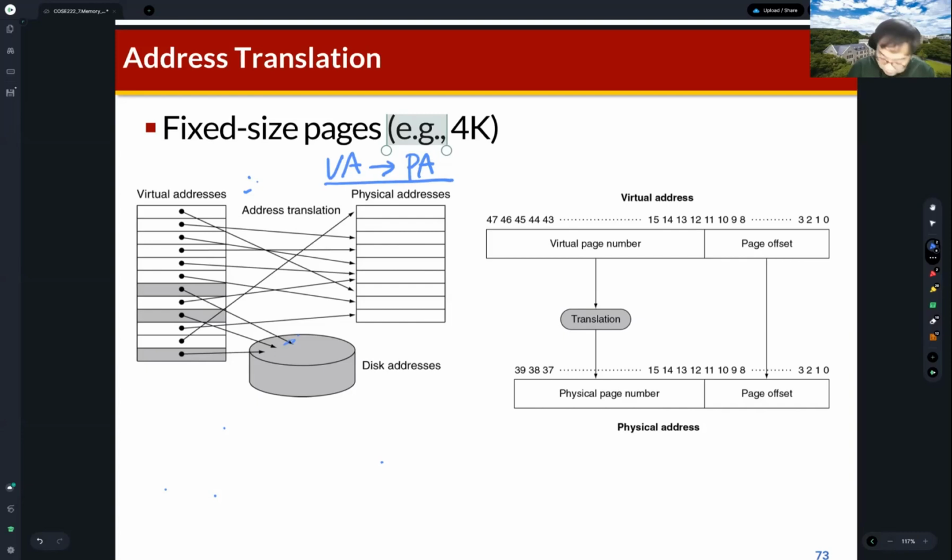Okay, so which means the load word A is executed, and I said this address is the virtual address. So in order to access the real data on the real physical memory, this virtual address needs to be translated into the physical address. Okay, so which operation is required? So first, we need to translate this virtual address into physical address.